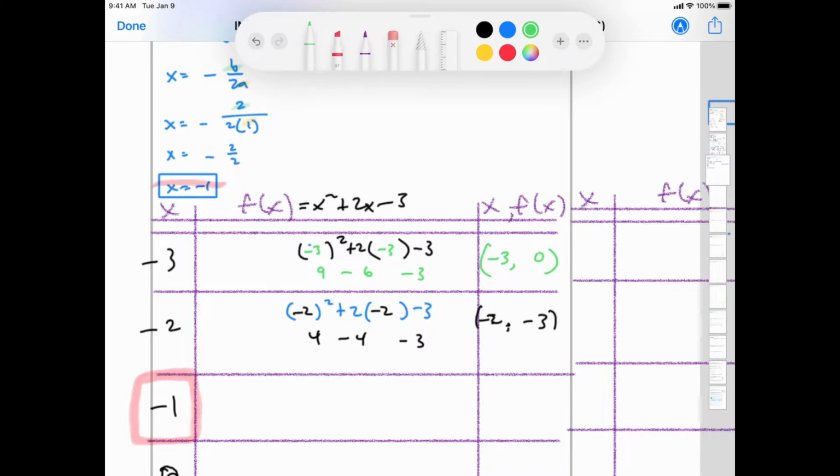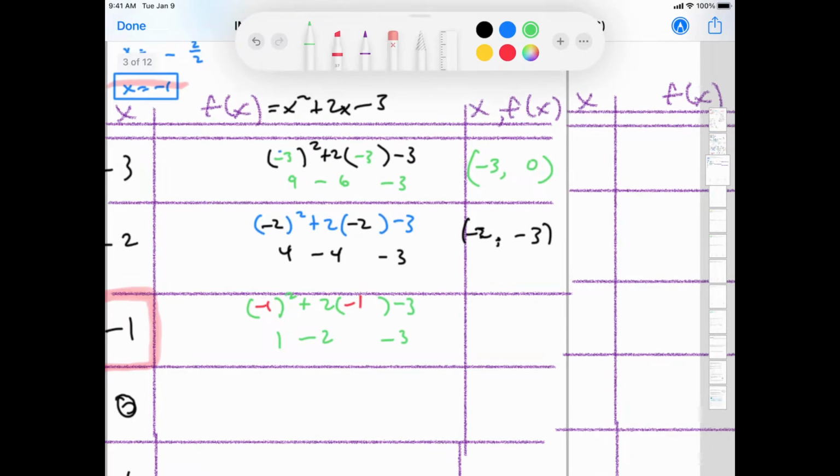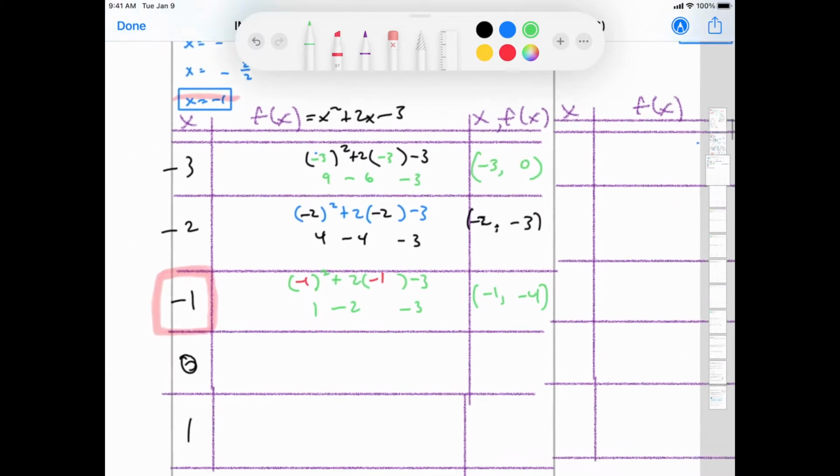Okay. Let's put in now into this function -1. This will give us 1 minus 2 minus 3. -1 minus 3 would give us -4 as our answer. So -1 comma -4 is our answer.